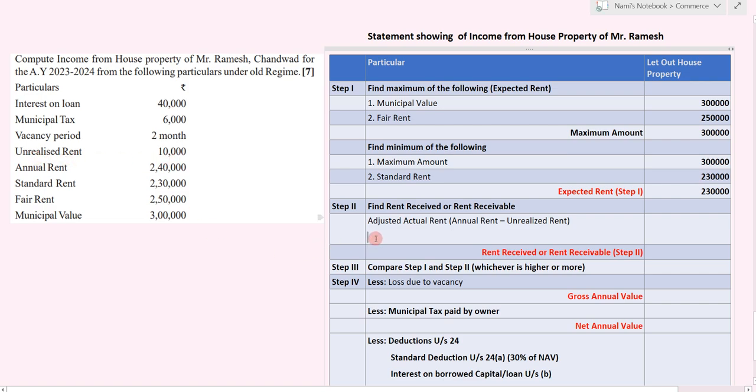So annual rent 2,40,000 minus unrealized rent 10,000. What is the remaining from 2,40,000 less 10,000? The remaining is 2,30,000. Clear?